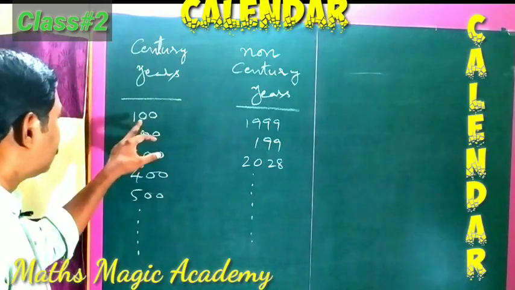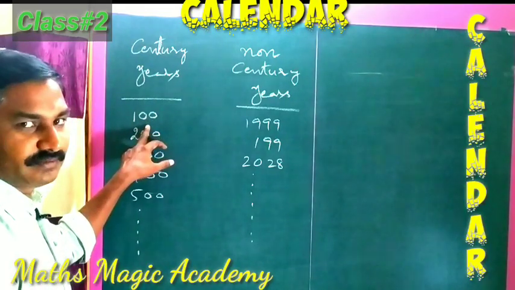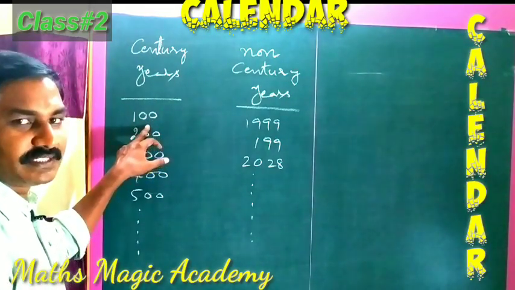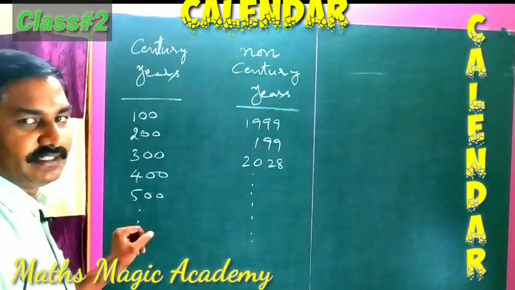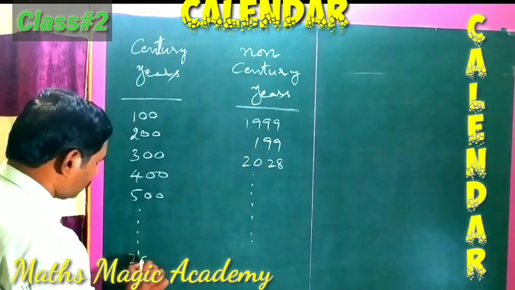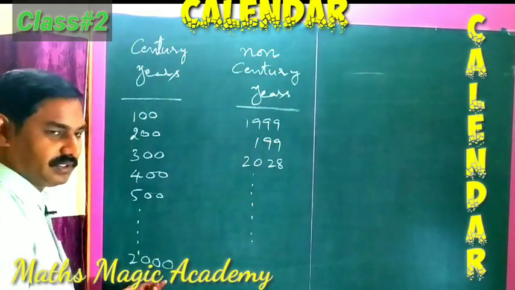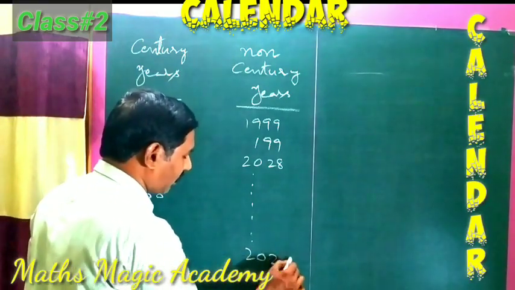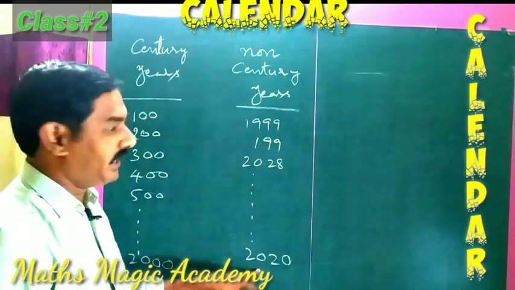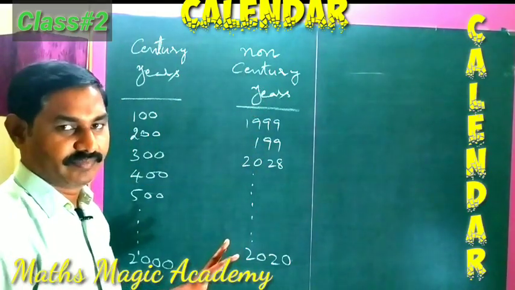The numbers which end with two zeros, that is, the units place and tens place are 00, are all century years. Even 2000 is also a century year. Like that, 2020 is a non-century year.